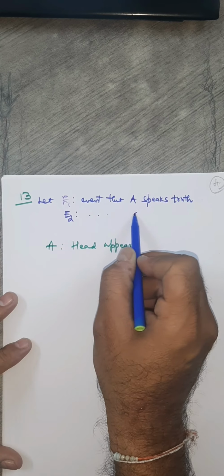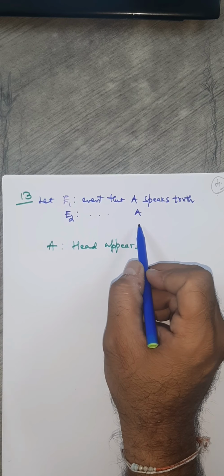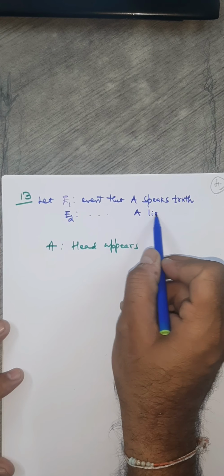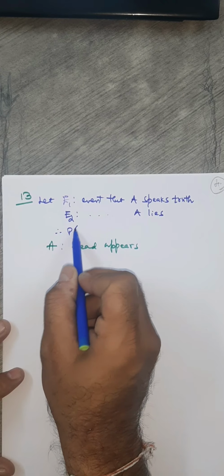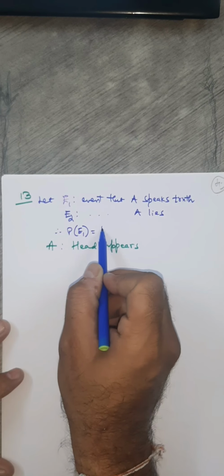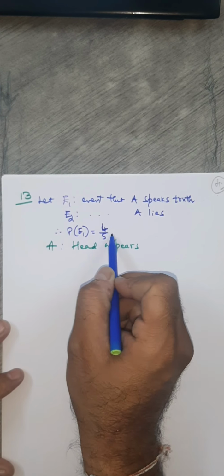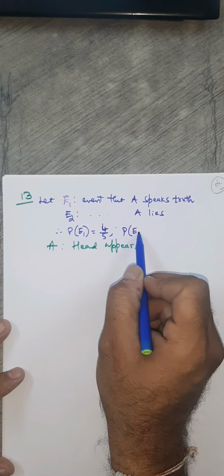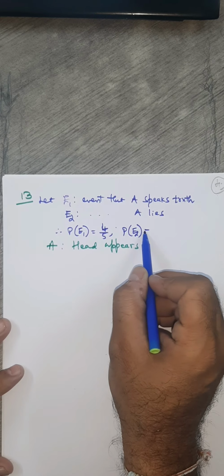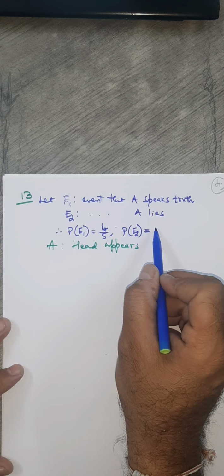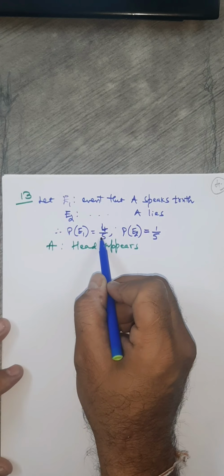That is the event that A doesn't speak truth, that is, A lies. And therefore probability of E1 you are given 4 by 5, and probability of E2, that is 1 minus 4 by 5, that is just 1 by 5. These two events are actually complementary events.